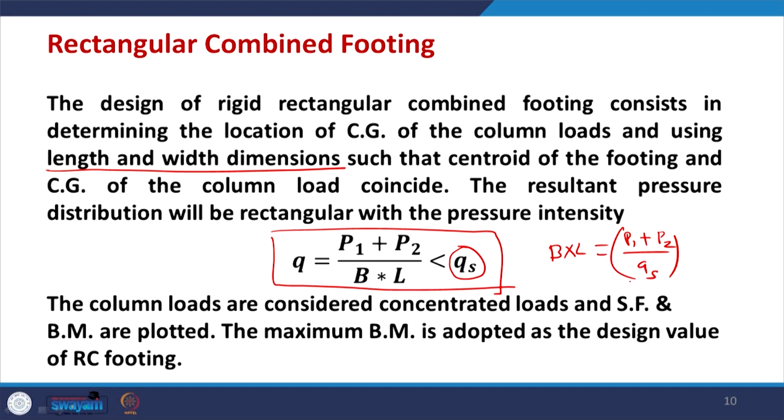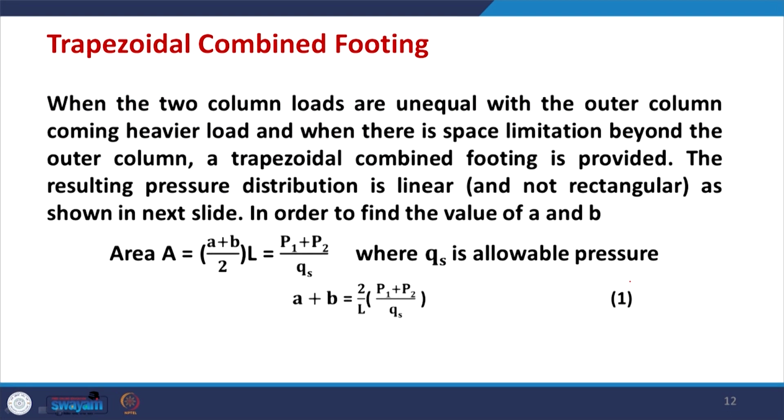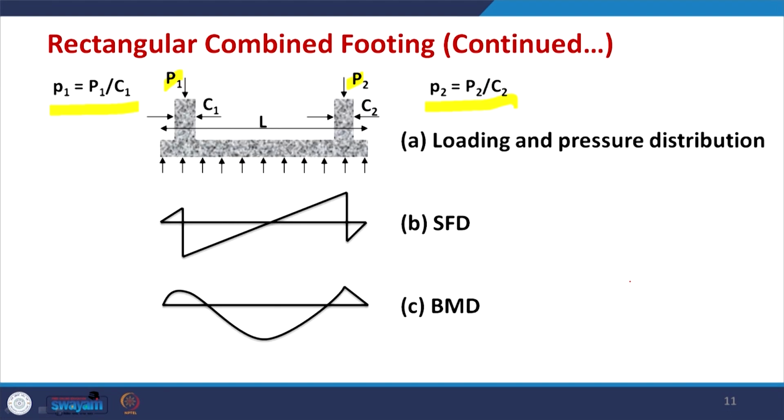So, naturally we need to use another equation which is coming from the center of gravity, and in this case that equation simply comes from making sure that in the rectangular footing the CG, let us say for this combined footing, this is the CG, and this is R acting, where R will be nothing but P1 plus P2.